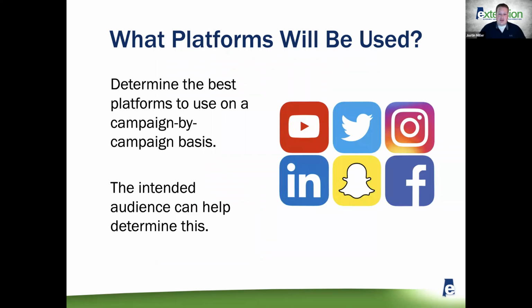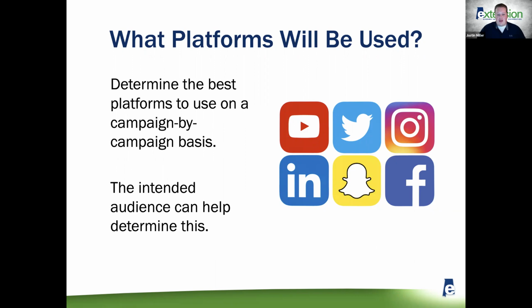The next question is obviously, what platforms are you going to use? Campaigns are not evergreen with each other. One thing is not going to work for the next campaign. So you really have to determine your platform use on a campaign by campaign basis.